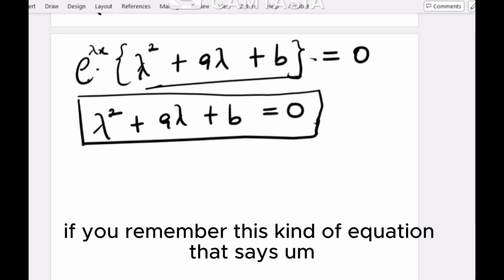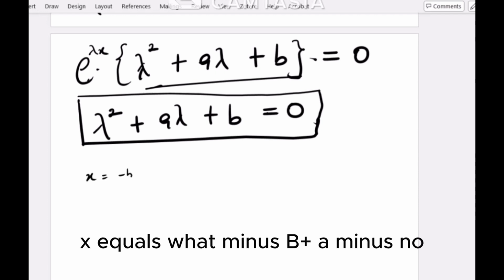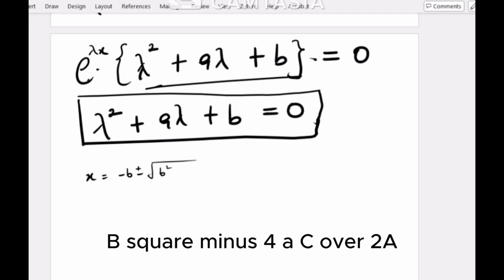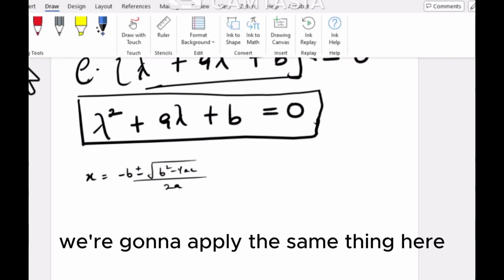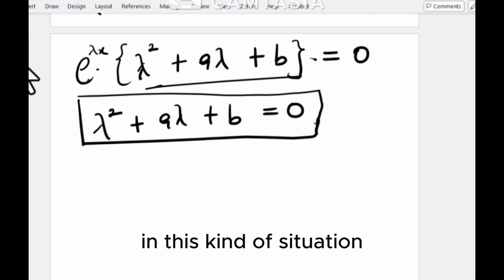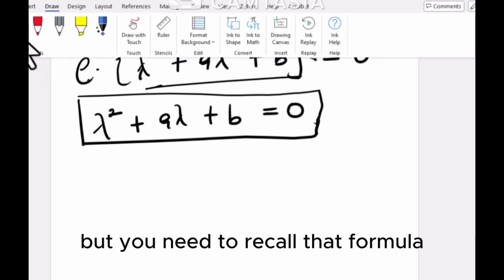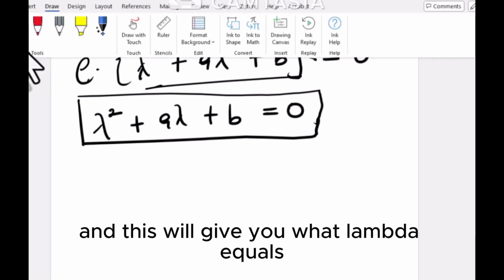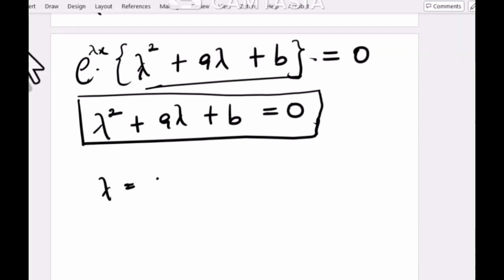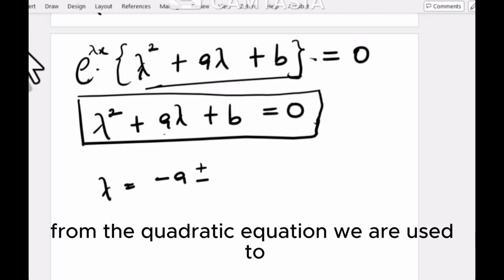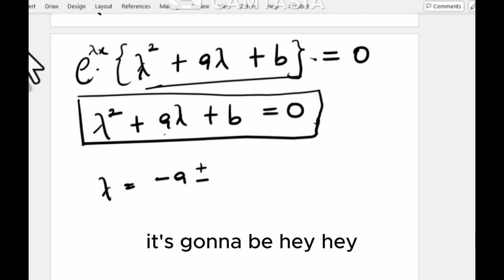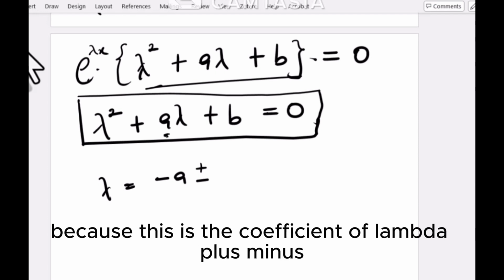Then you can use the quadratic formula to solve for your lambda. If you remember, x equals minus b plus or minus the square root of b squared minus 4ac, over 2a. We're going to apply the same thing here, but the arrangement is kind of different. Instead of b from the quadratic equation we are used to, it's going to be a here, because this is the coefficient of lambda.